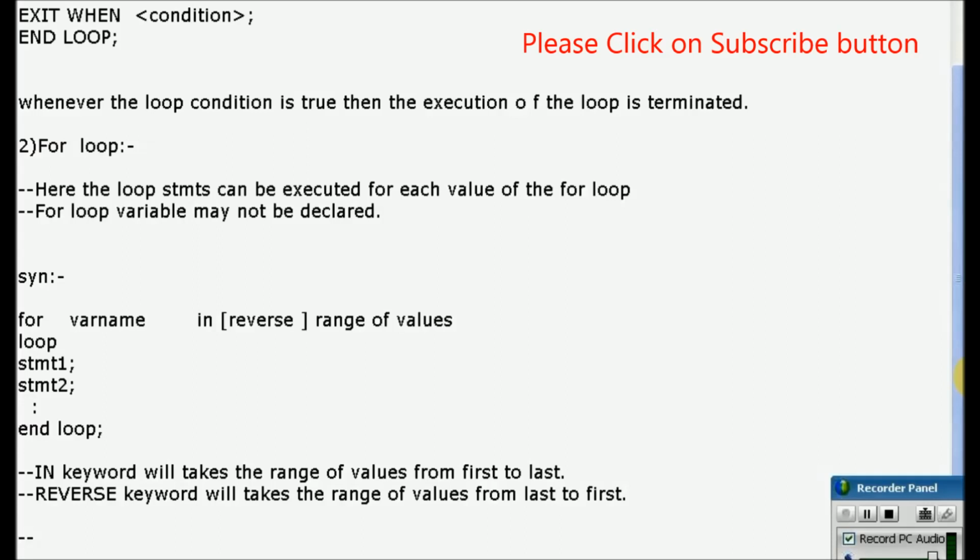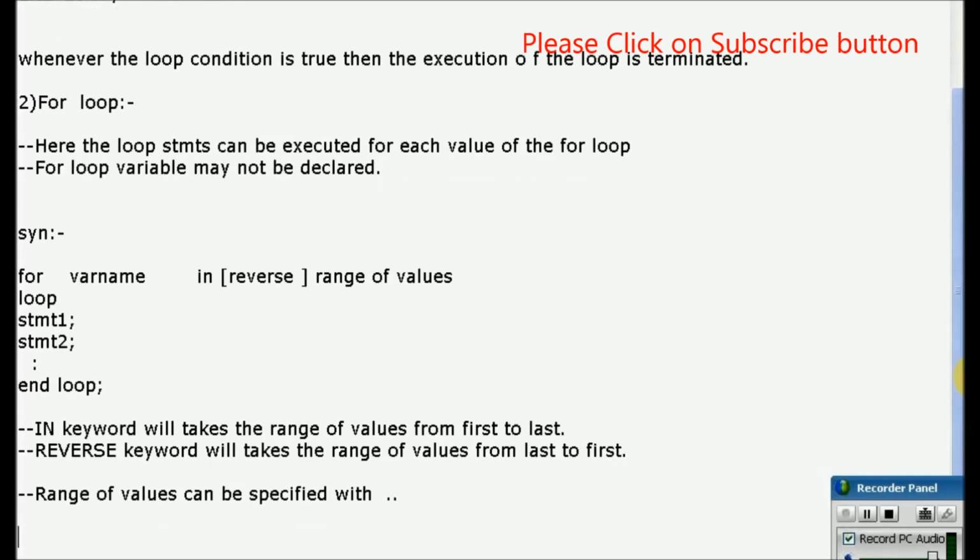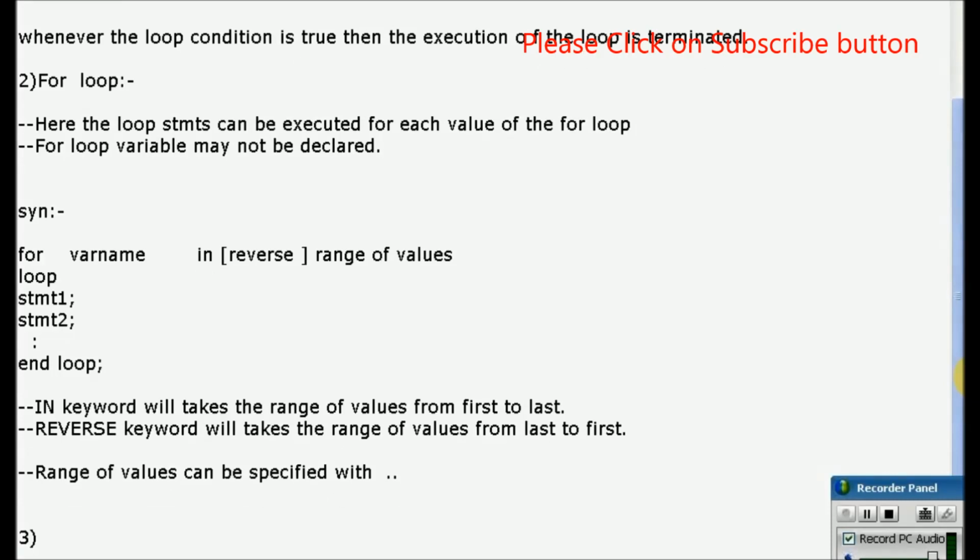One more important point is that the range of values can be specified with dot dot. It's important. Now go for the third one, the while loop.